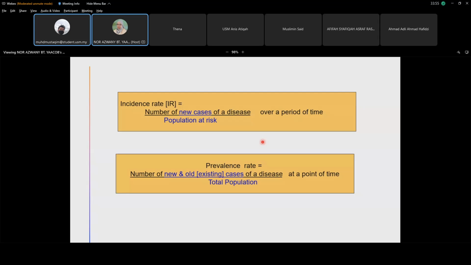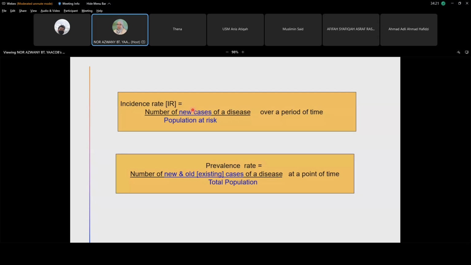Incidence rate is more commonly used for communicable disease, because with communicable disease we can get new cases. For example, in COVID, you always calculate the new cases because you want to say how fast the disease is occurring. But prevalence tells you how many have the disease, so it's a burden of disease.